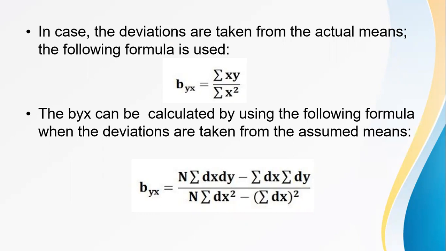Byx equals sigma xy by sigma x square. The byx can be calculated by using the following formula when the deviations are taken from the assumed means. Byx equals n into sigma dx dy minus sigma dx into sigma dy, by n into sigma dx square minus sigma dx whole square.